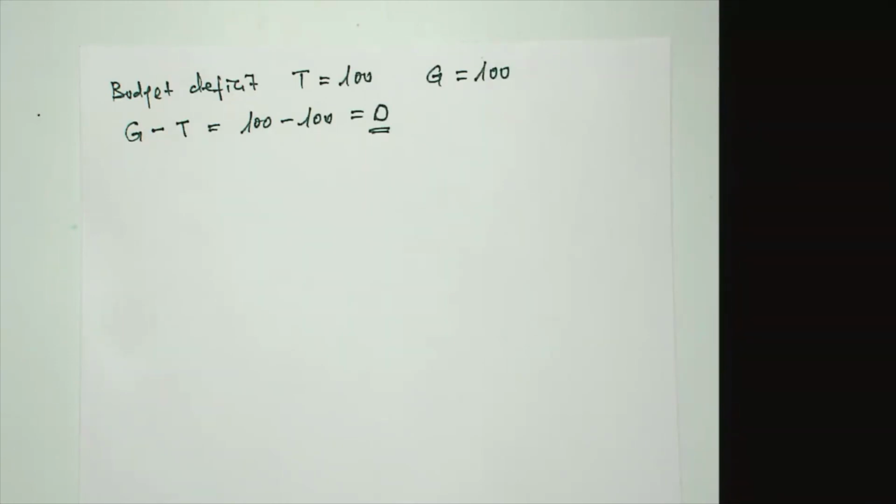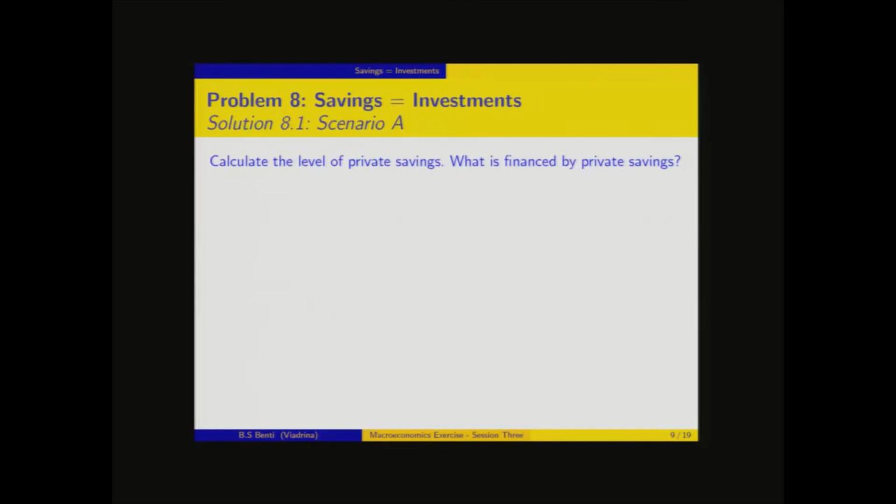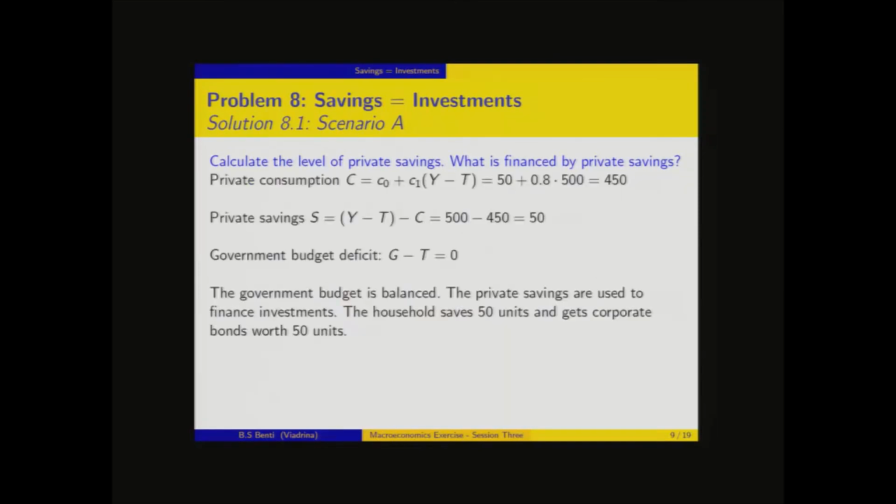One concept to note here is that we have done the calculation, and there is private saving amounting to 50 units. The private savings are used to finance investment. The households would save 50 units and get corporate bonds worth 50 units.